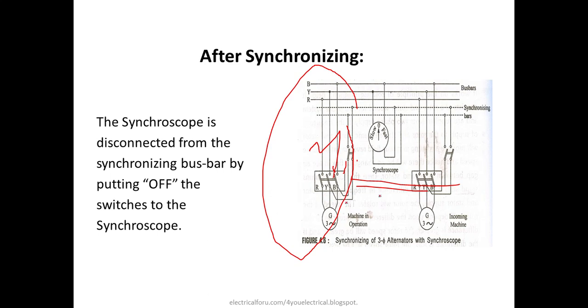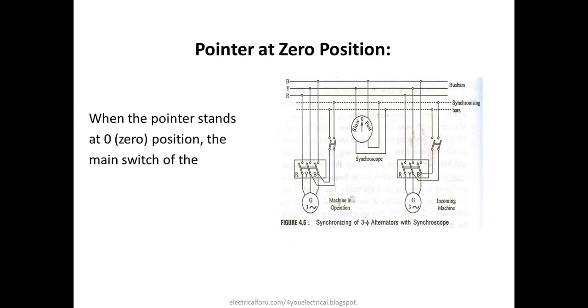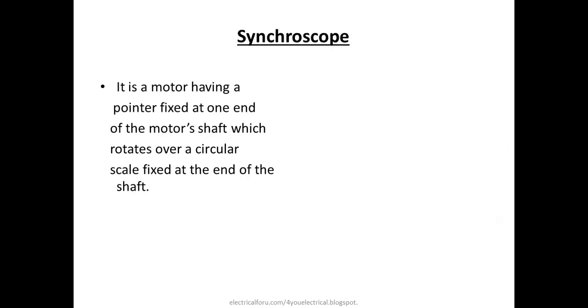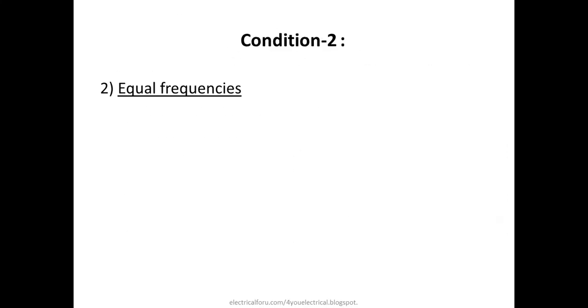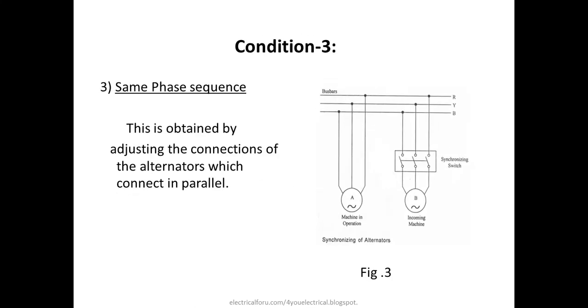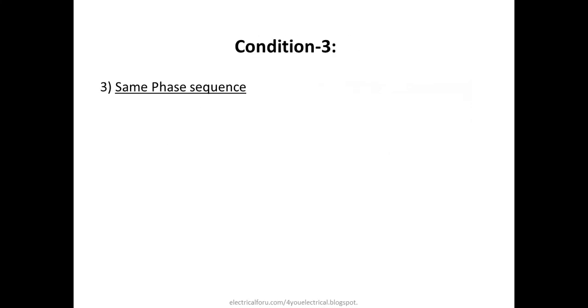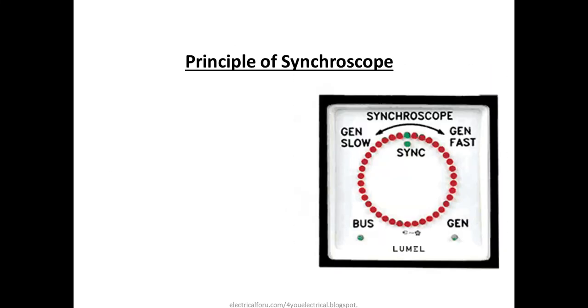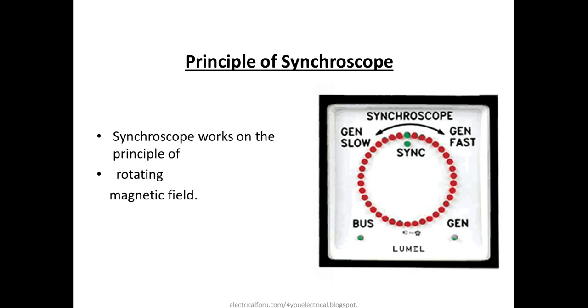To run alternators in parallel, we need some conditions: equal terminal voltages, equal frequencies, and the same phase sequence. These are the three conditions for the parallel operation of alternators. Using a Synchroscope, we connect the two alternators in parallel. I hope you understand this topic.